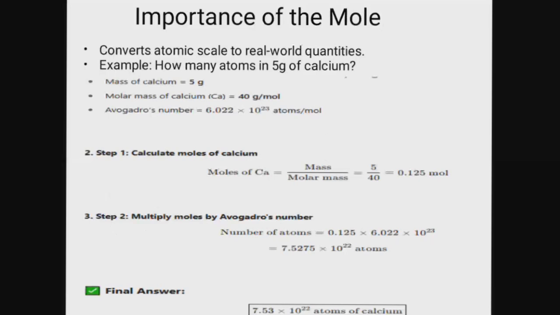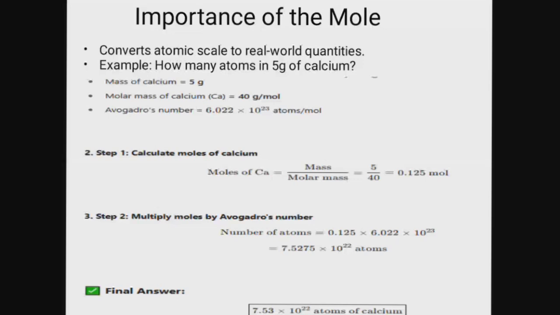Now, suppose you are asked to find the mass of 1 mole of water. Hydrogen is 2, and then oxygen is 16. So 2 plus 16 is going to give you 18 grams.